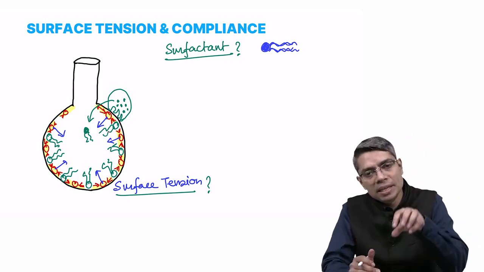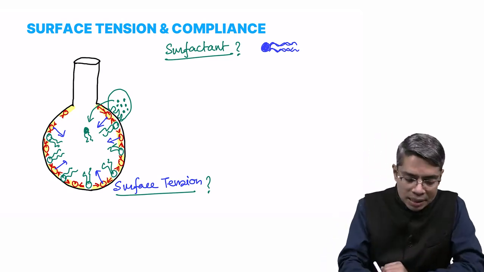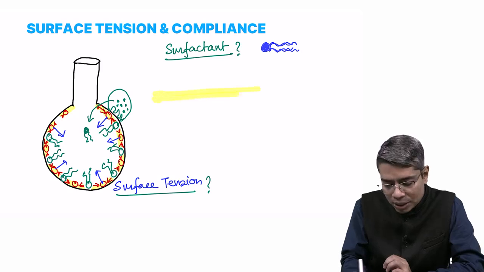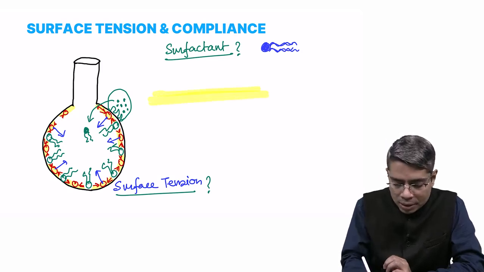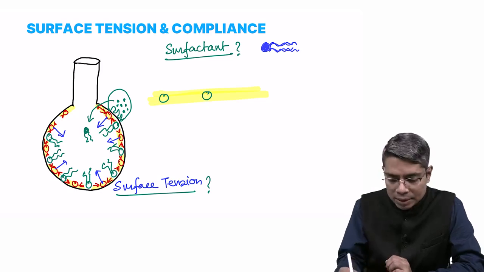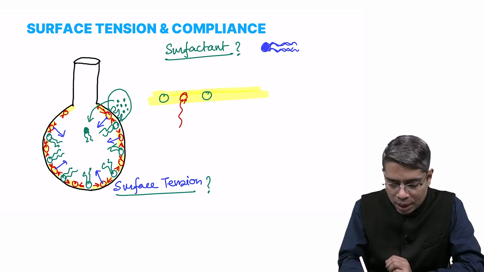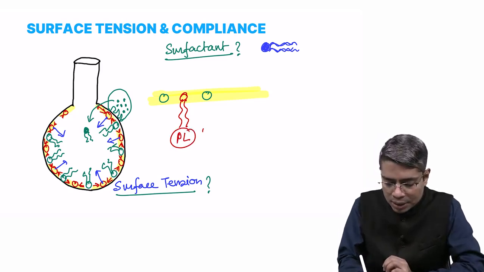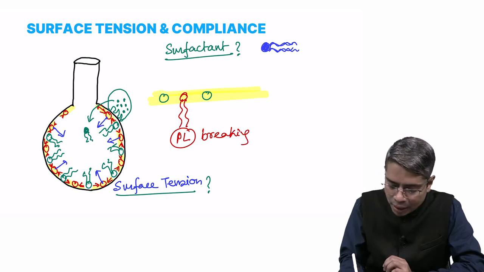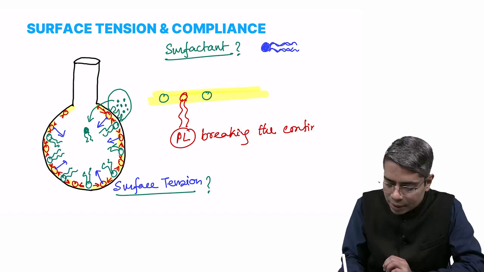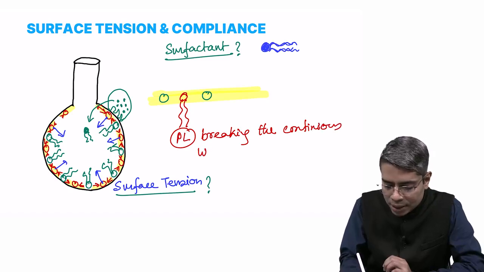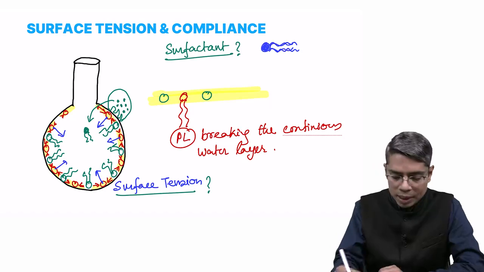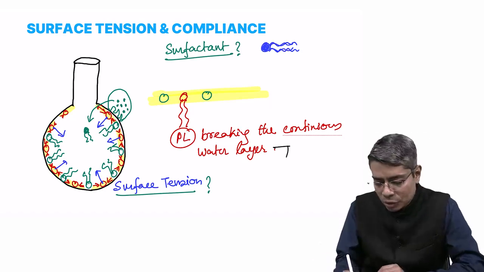Whenever this hydrophilic head is introduced, you are basically breaking the continuous water layer. Water layer means the water molecules were trying to aggregate with one another, but now the hydrophilic head is introduced in between them. So the phospholipid molecule is breaking the continuous water layer inside the alveoli, and the cohesive force between water molecules will be reduced.